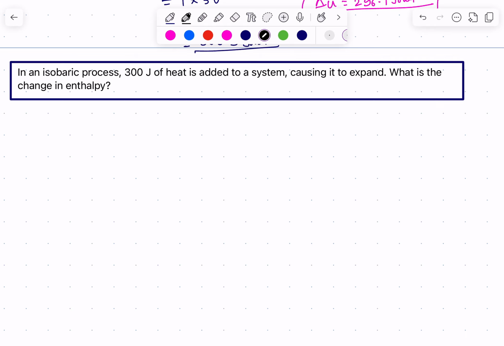So the question is, in an isobaric process, 300 joule of heat is added to a system, causing it to expand. What is the change in enthalpy? And if other people have the answer, please write in the chat box.